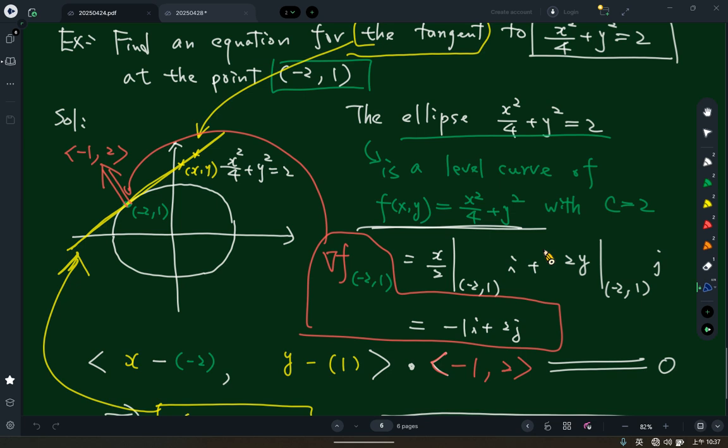But what's the relationship between this ellipse and this surface? We know this is an ellipse and the value is 2.